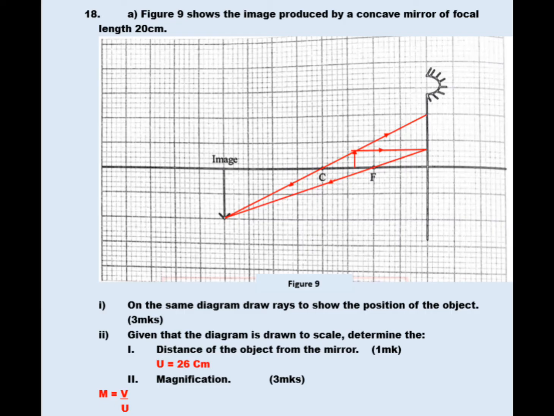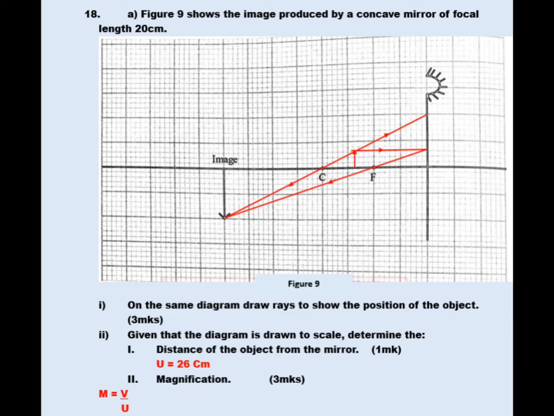So the first thing, if you're not able to draw directly, you can first sketch somewhere a rough position of the object, and then you can see how the rays propagate from the object. But if you are thorough, you can draw a ray through C. That one has 2 arrows. There's a ray passing through the center of curvature, 2 arrows. Then we have a ray through the focal point that was parallel.